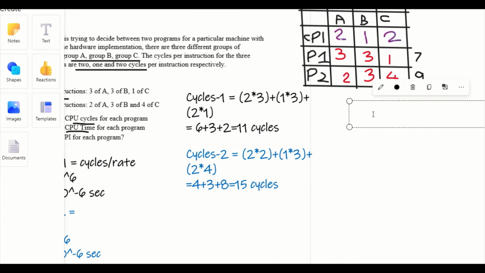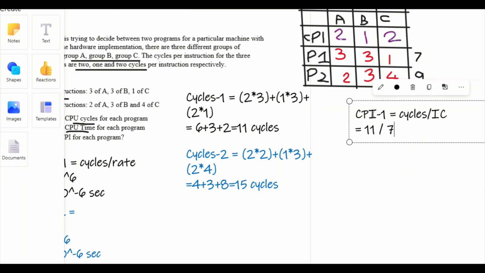The third question is CPI for program 1. The formula is cycles divided by the instruction count. I write IC; IC means instruction count. How many cycles? How many instructions? It's all given in the question. Cycles you calculated a few minutes ago.